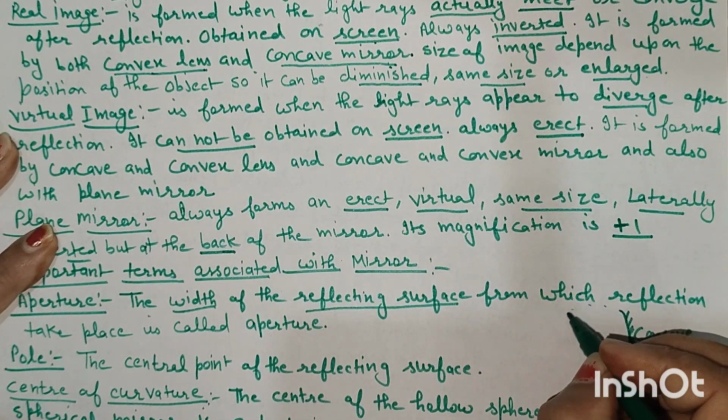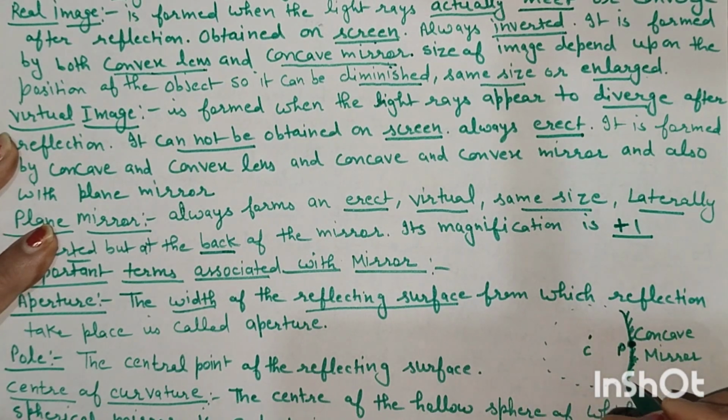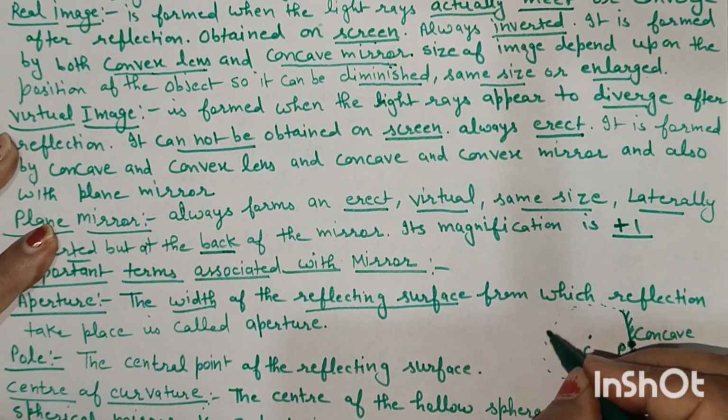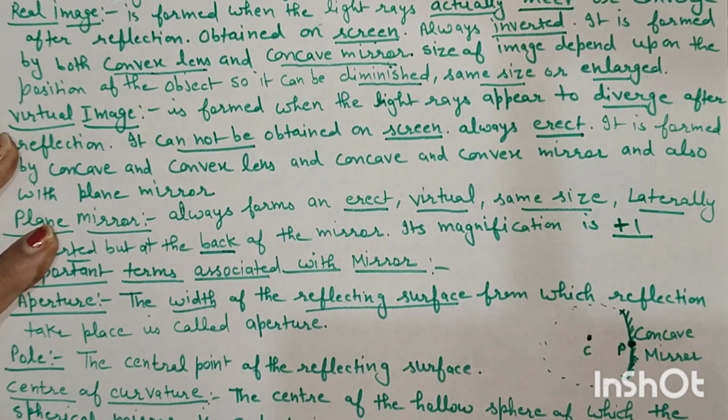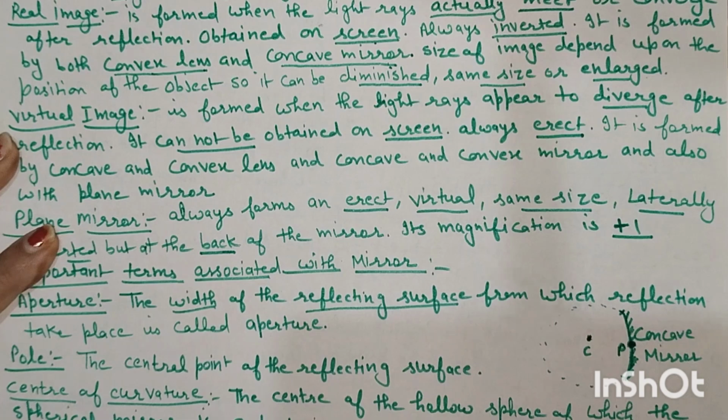If we complete the circle of the mirror, this spherical mirror is a part of this whole sphere, and the center of this is called center of curvature, and it is denoted by C.